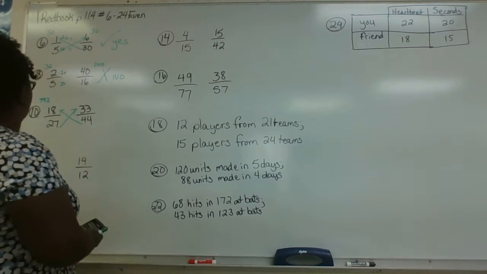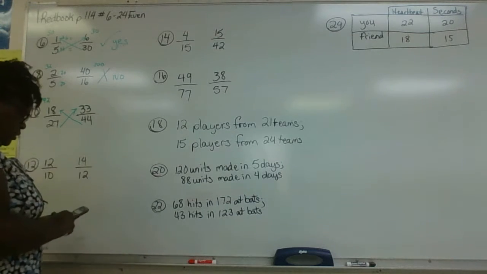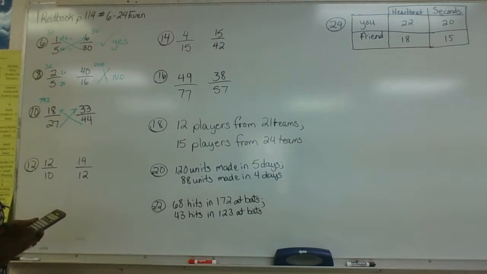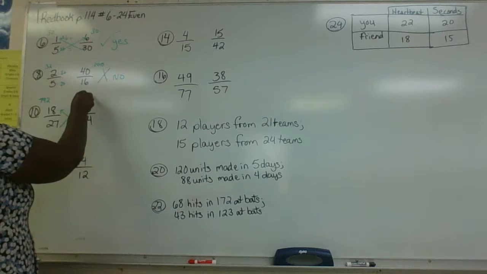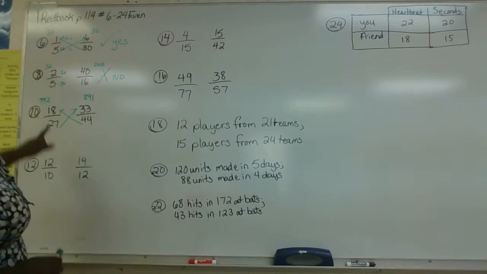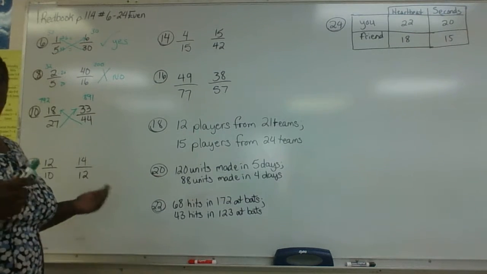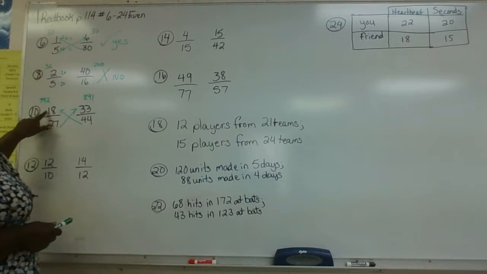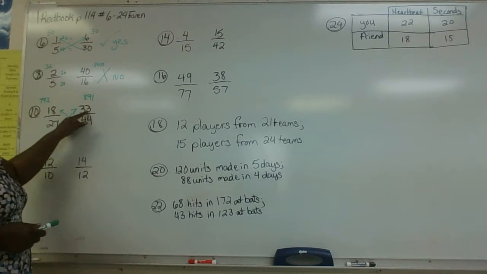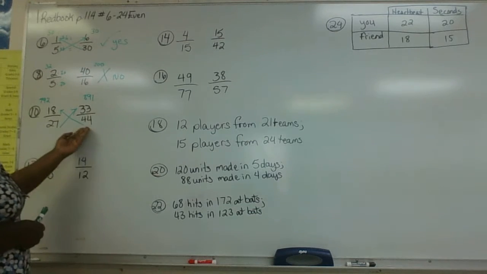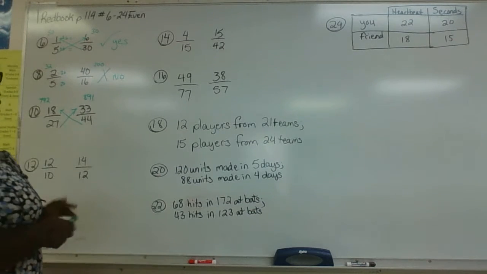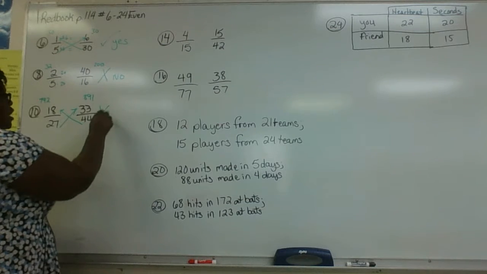All right, 27 times 33. I have 891. Now, to my knowledge, there is no number times or divided between 18 and 33 that will make them equivalent. Same as 27 and 44. Therefore, this is a no.